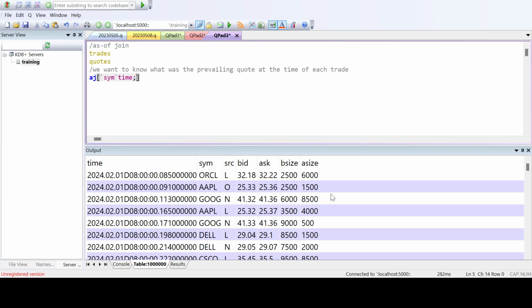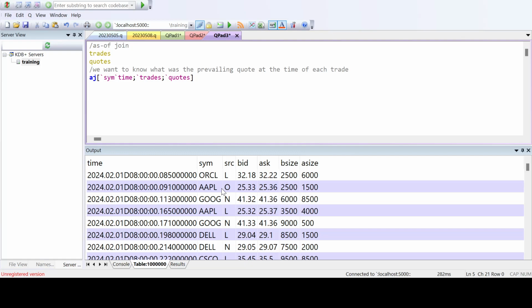Then for which table we want the data: trades. And then, of which table do we want the last prevailing value.